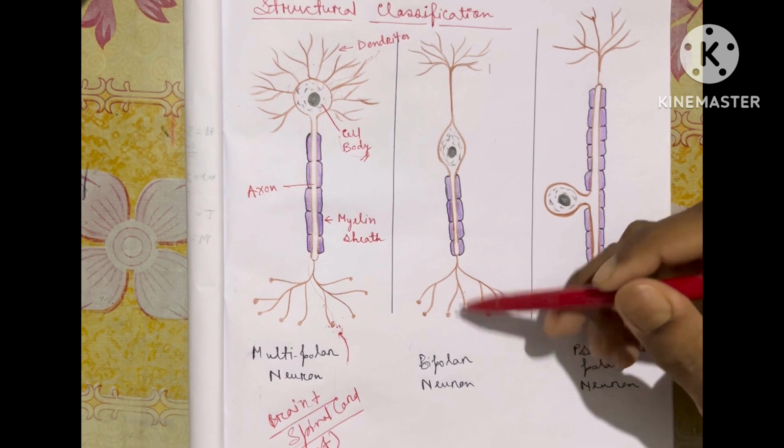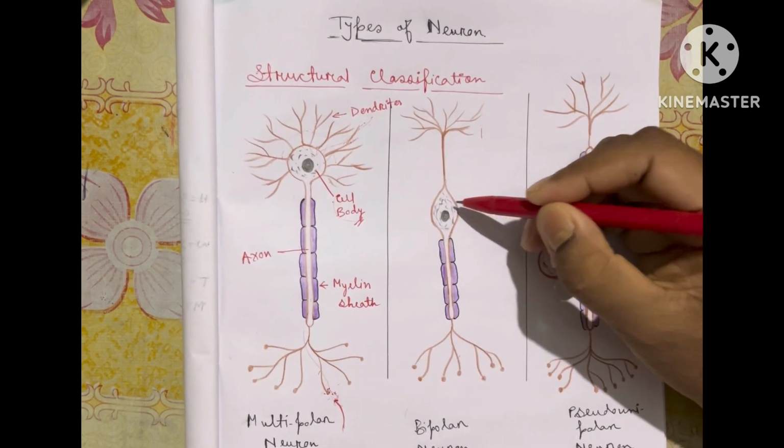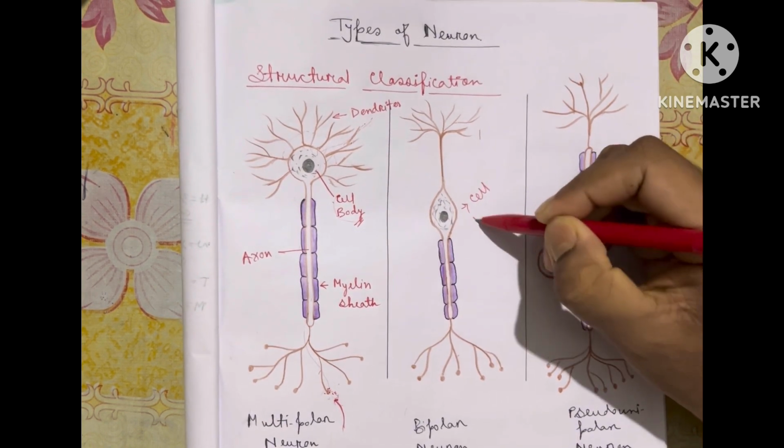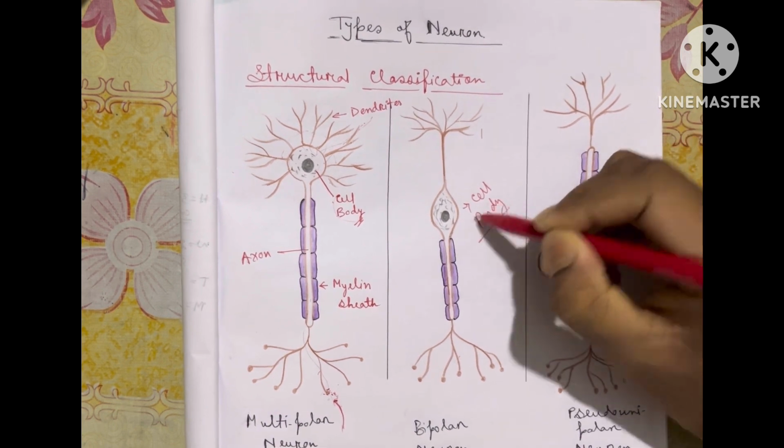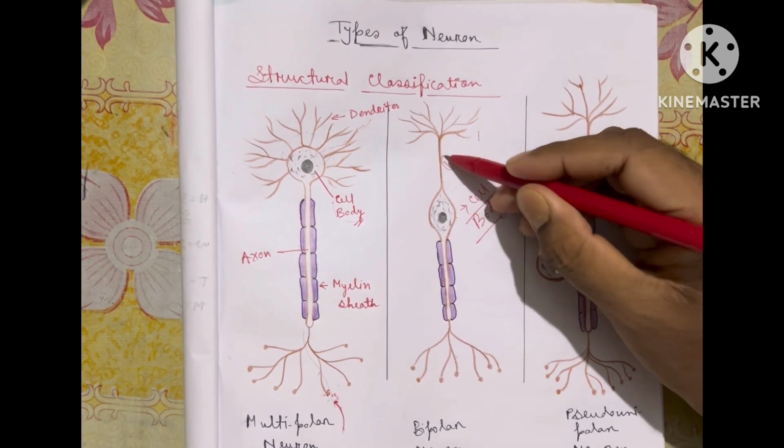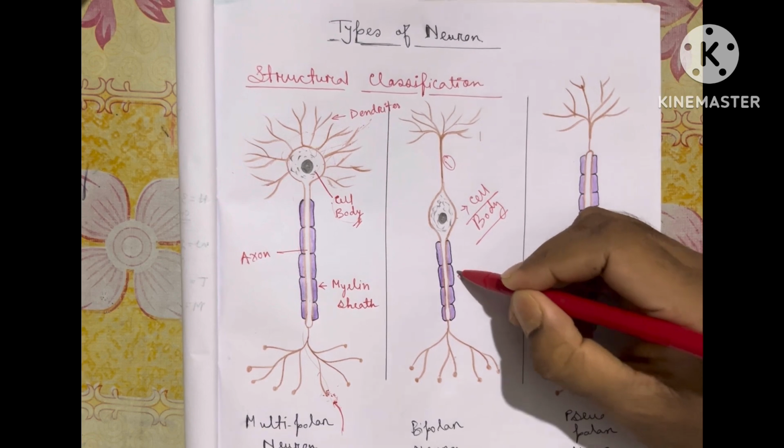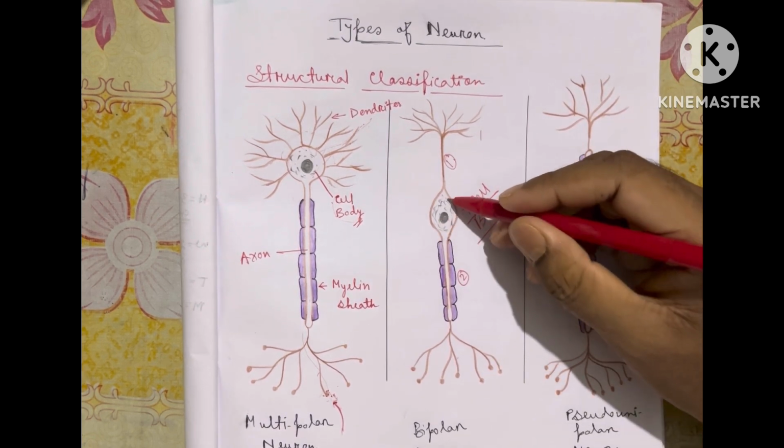So what are bipolar neurons? As you can see, this is also a cell body. With this cell body, two attachments are there. This is one attachment and this is another attachment. So two attachments are there with the cyton.